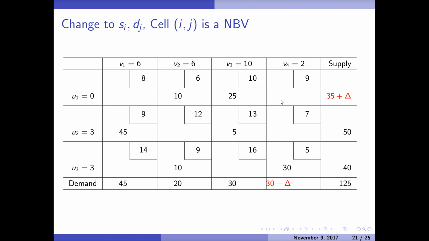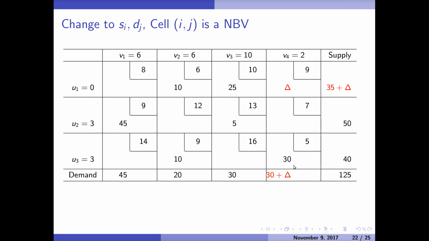In order to get a solution here, I'm going to have to put a delta into this cell, right? But that is going to create a loop. And so the idea will be that we need to absorb this delta into the other parts of the loop, into the basic variables. So how is that going to work?